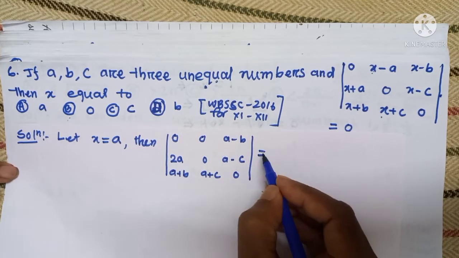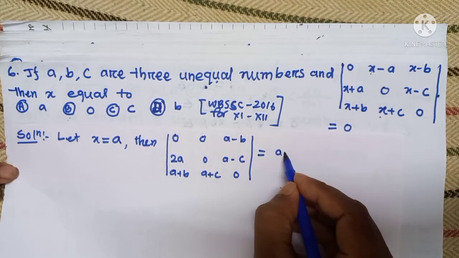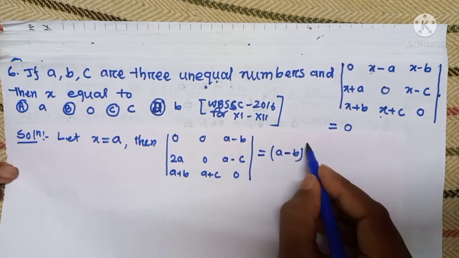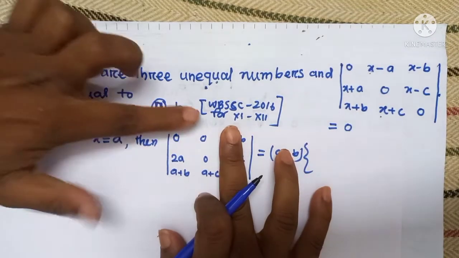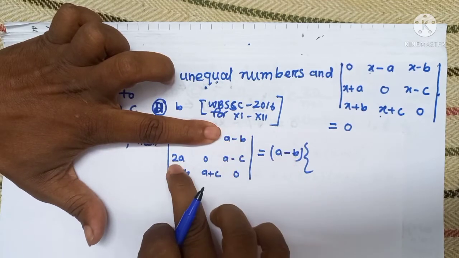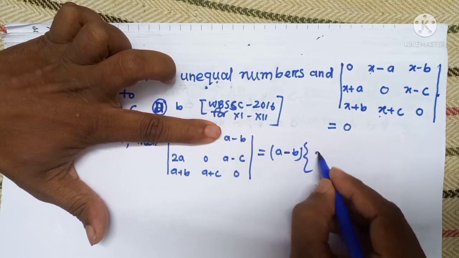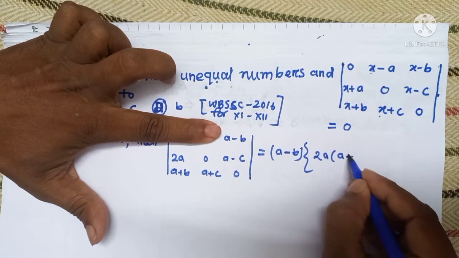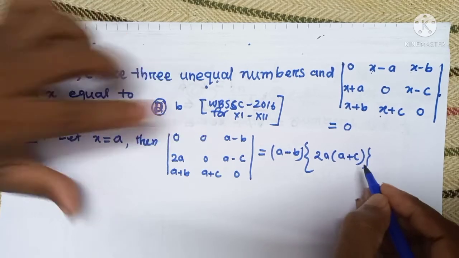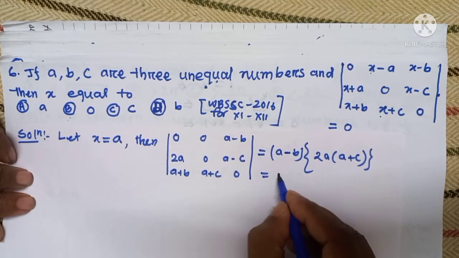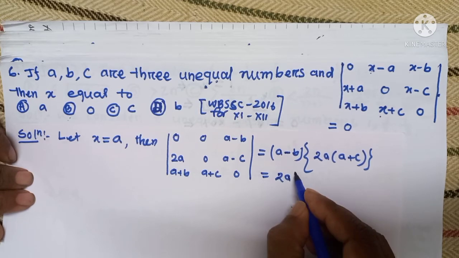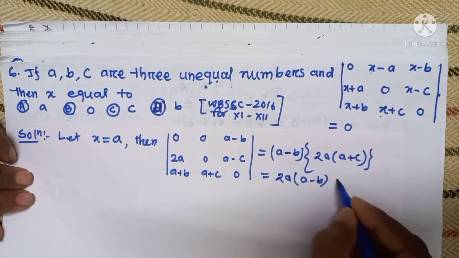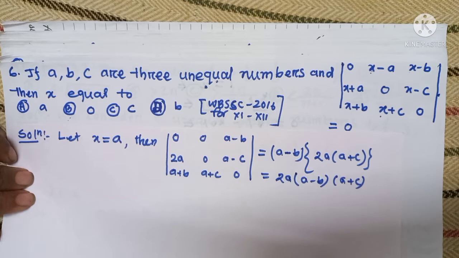This equals a minus b, the second bracket of this is 2a into a plus c. This equals 2a into (a minus b) into (a plus c).